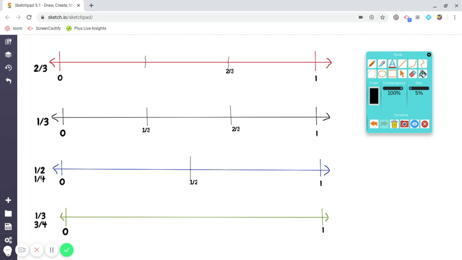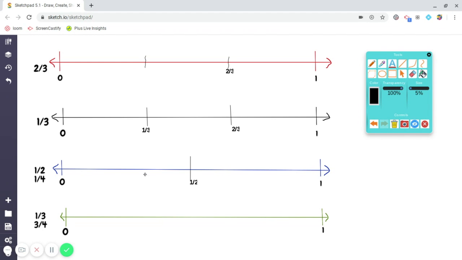If we look at the other fraction, we have 1/4. So our denominator is 4, which means we have to break the line up into 4 equal parts. And we can use the line where the 1/2 fraction is to help us out with this.